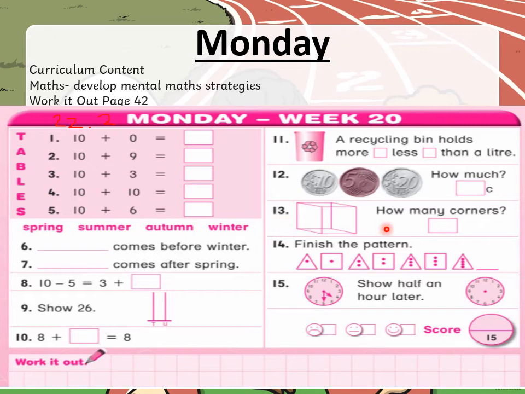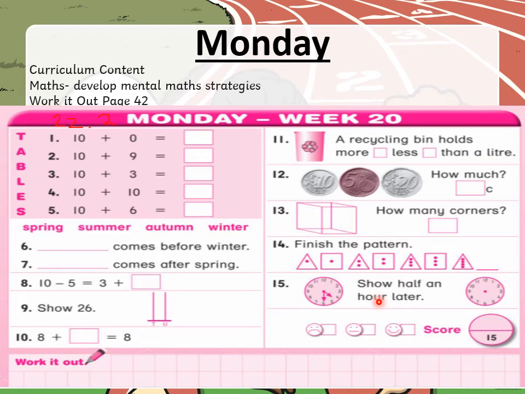Number 13. How many corners does this 3D shape have? Number 14. Finish the pattern. And finally, number 15. Show half an hour later than the time shown on this clock.